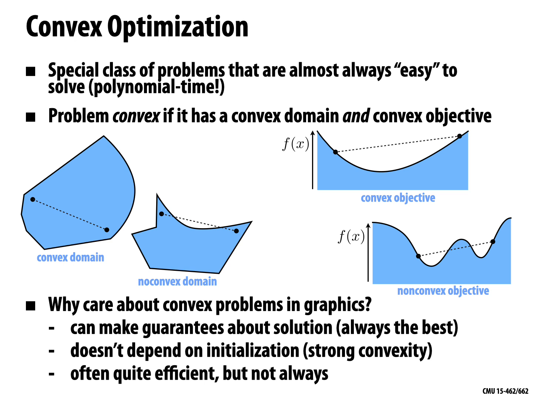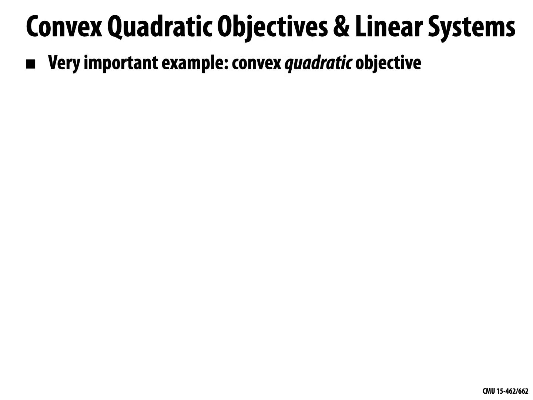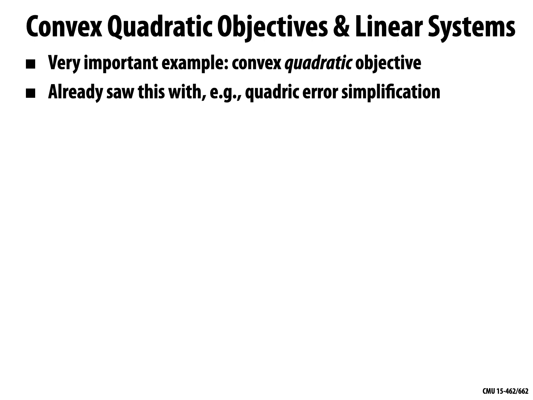Okay? So let's take a look at one really important class of convex optimization problems that show up all the time, day and night, in computer graphics, both in animation and in geometry processing and in image processing, all over the place, which are convex quadratic objectives. In fact, we've already seen an example of this when we talked about quadratic error simplification.